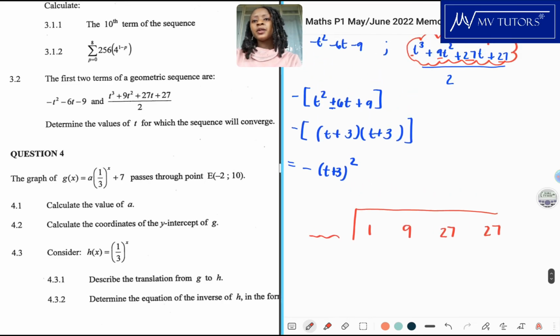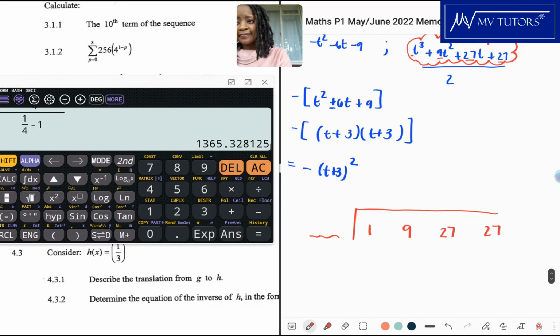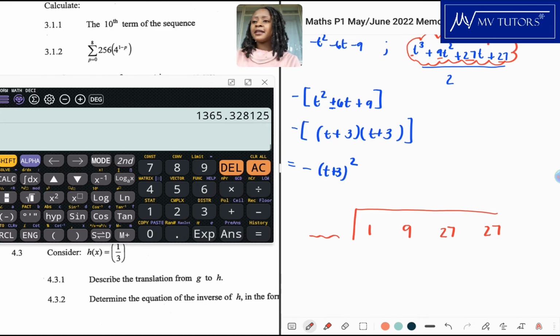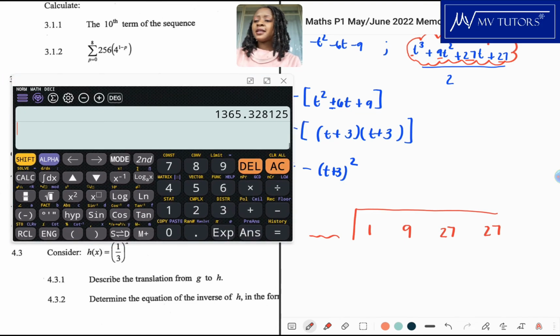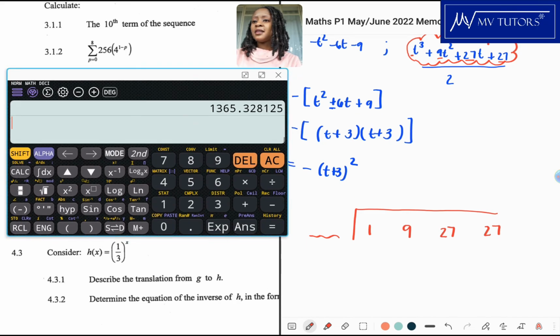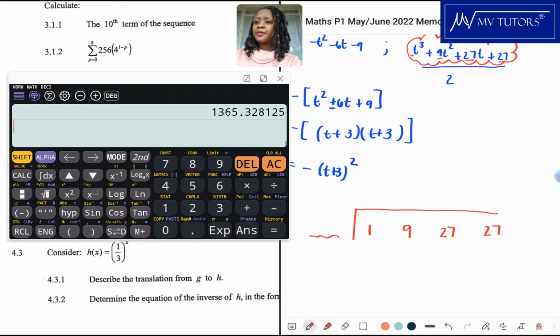I'm going to check on the calculator. It is quite repetitive. You need to start guessing maybe from -1 to 1, and if that doesn't work, we put 2 or 3 or whatever.